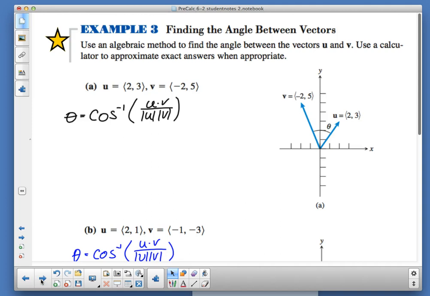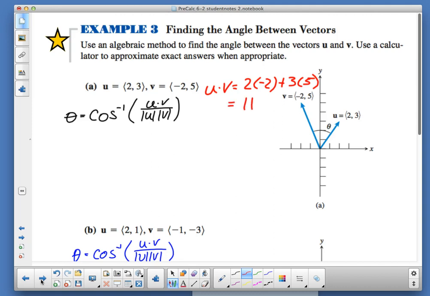So I actually got to find three things. Thing one, u dot v, which is 2 times negative 2 plus 3 times 5. Okay, that's thing one. I got negative 4 plus 15, it's positive 11. Thing two, and remember, I'm going to color code these things as I do them so you can see what I'm doing.